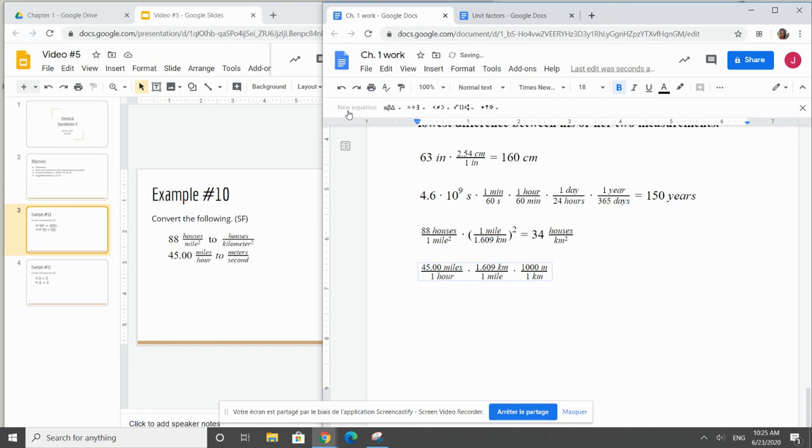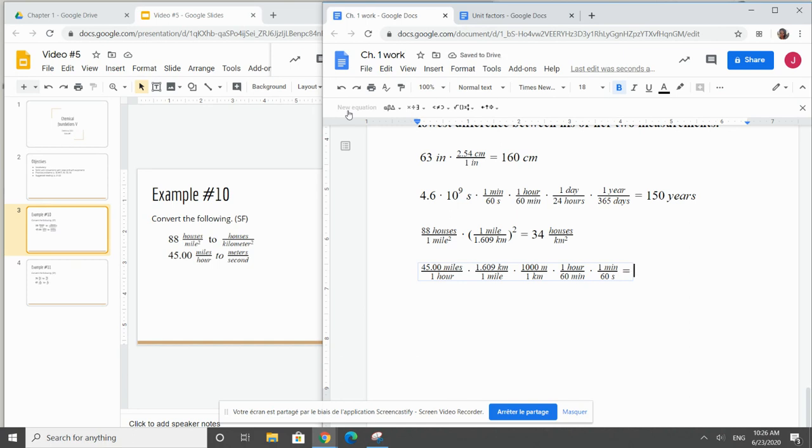So now I'm finished with my numerator. I've converted miles to meters. So now I need to convert hours to seconds. So I'm going to first convert it to minutes. Now I'm finished with my denominator.